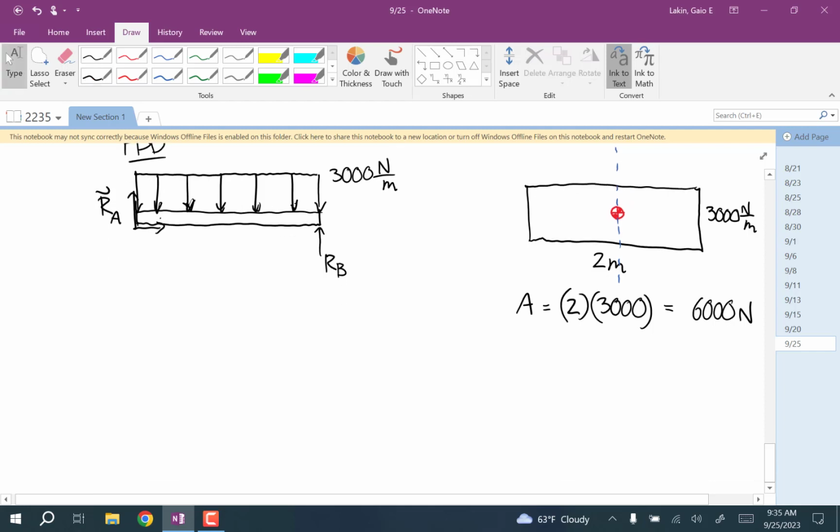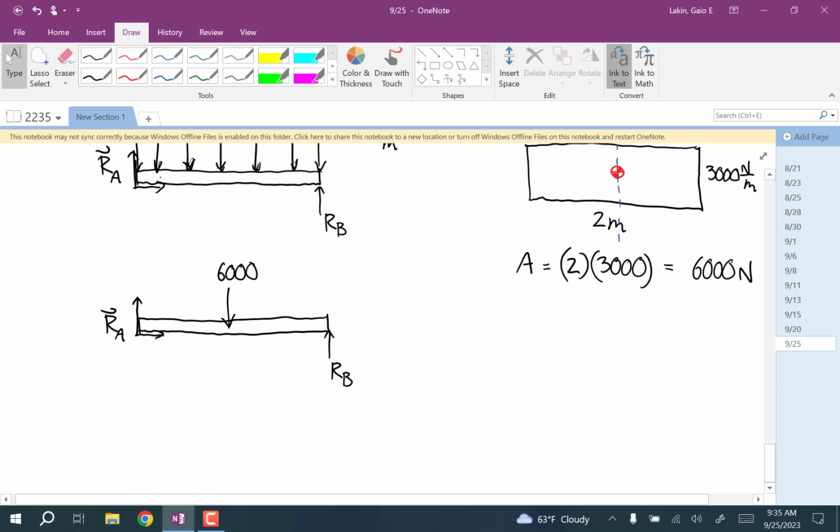So now I'm going to redraw this free body diagram. We have a weight force, or a distributed load force, acting down right at the middle, because that's where the centroid was, with a total force of 6,000. And then we have these forces. And now you can do that calculation.